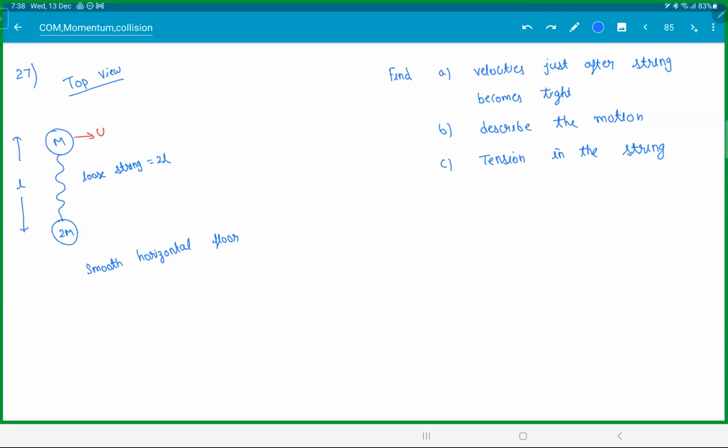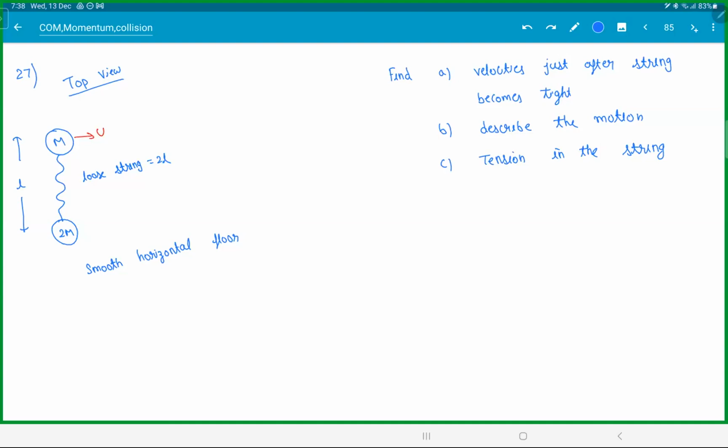You have two balls with a string between them of length 2L, but you kept them only at a distance L, so the string is loose. And you hit the upper ball with speed u. Find the velocities just after the string becomes tight. Describe the motion after it becomes tight and the tension in the string.